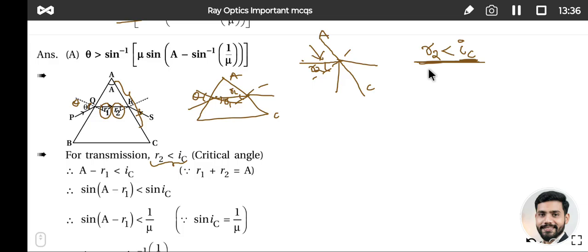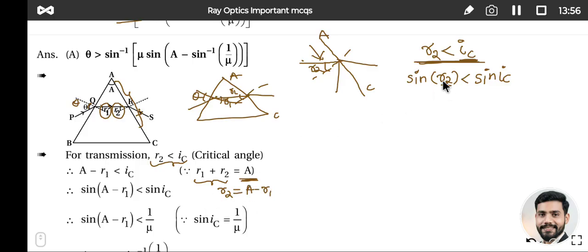Now if we apply sine on both sides, it becomes sine R2 is less than sine IC. But we know that in this prism, R1 plus R2 is equal to A. This condition is satisfied. So from here we can say R2 is nothing but A minus R1.